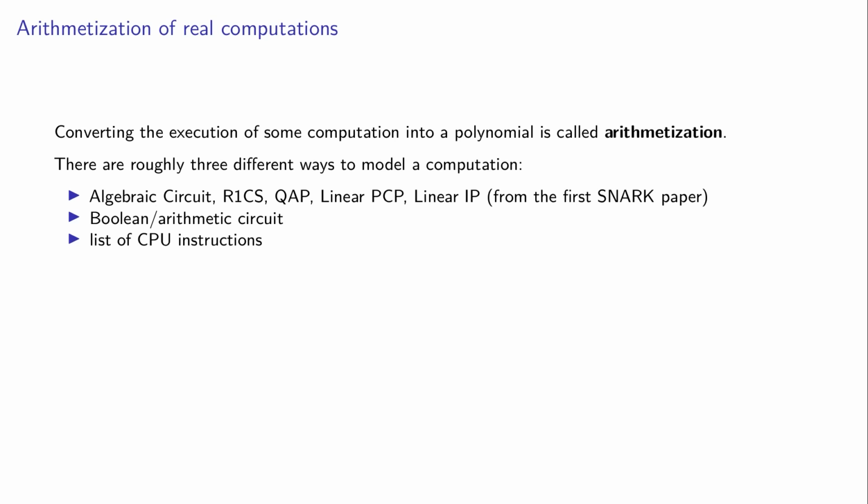The first approach is strongly based on R1CS, which is a sequence of transformations, as I wrote there, based on the first SNARK paper. A second possibility, which was developed later, is to take any Boolean or, as an extension, arithmetic circuit. And a third possibility is to take a list of CPU instructions.